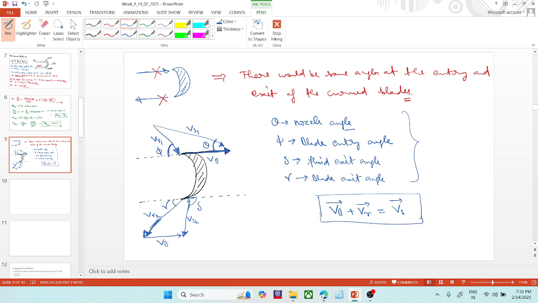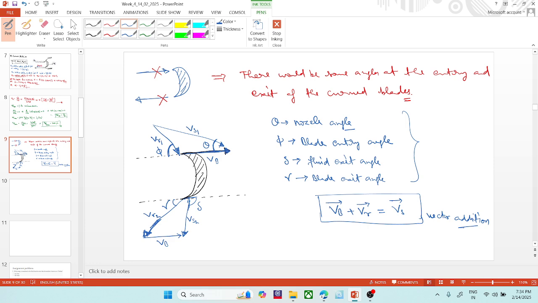The same thing we can see here: VR1 plus VB is equal to VS1. This is the vector addition. So these are the things.